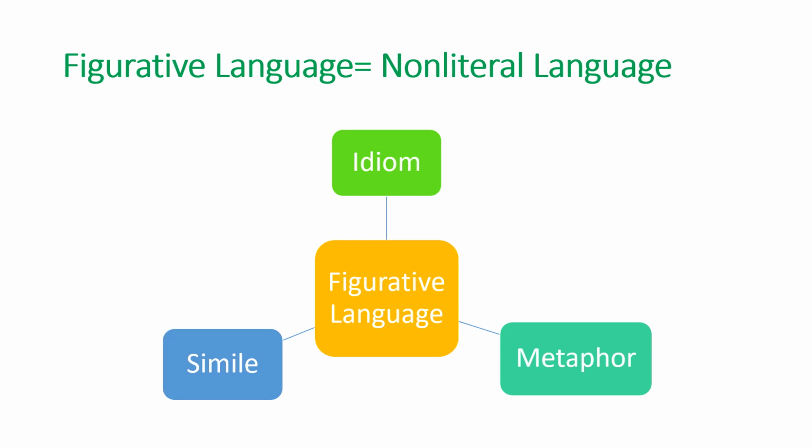They have another meaning instead. There are three types of figurative language that we're going to talk about. We talked about idioms already. It's a group of words that means something else. And today I'm going to introduce you to another type of non-literal or figurative language called a simile and a metaphor.